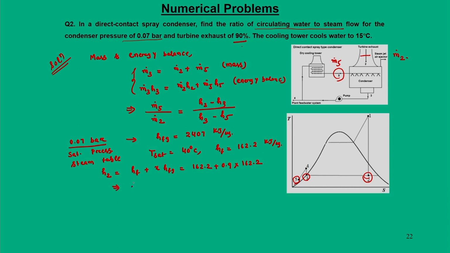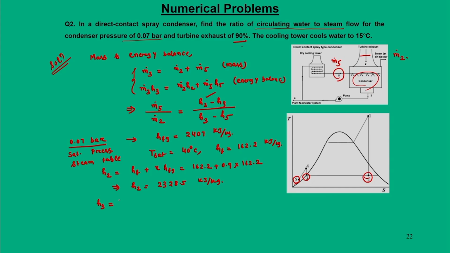So, we get H2, that is the condenser inlet from the turbine exit, as 2328.5 kilojoule per kg. So, we know H2, what is H3?